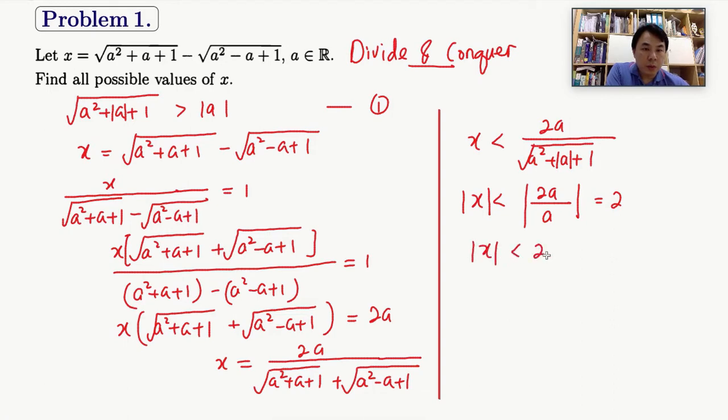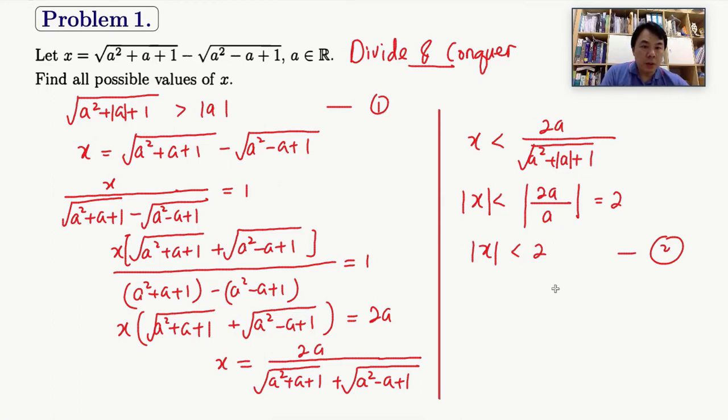Therefore, we have managed to deduce the first condition that satisfies all the solutions for this expression, which is that the modulus of x must be less than 2 here. So this is the second restriction. Right? So I hope that is clear for the first divisions of our problem.